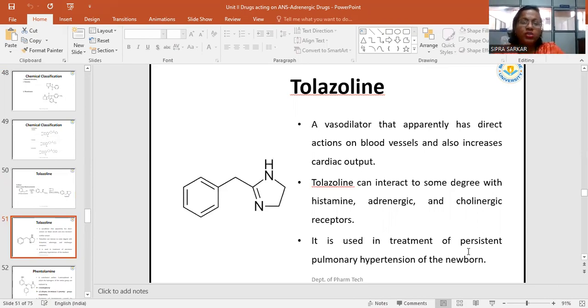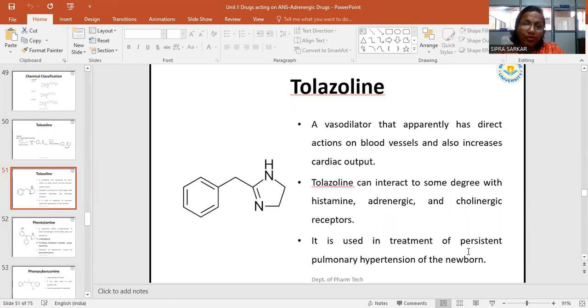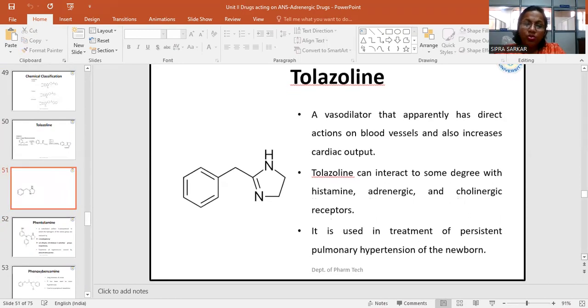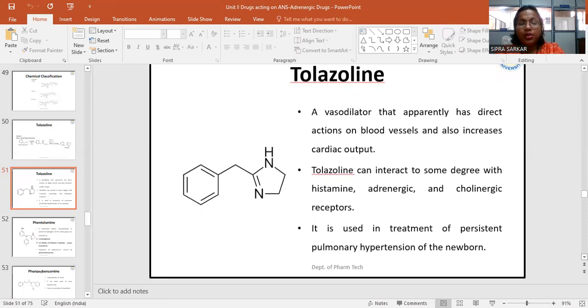So if this drug acts on these vessels or arteries, there will be dilation and increased cardiac output. Tolazoline can interact to some degree with histamine, adrenergic, and cholinergic receptors also. It is used in the treatment of persistent pulmonary hypertension of the newborn. Some newborns have a hypertension problem, so it can be used.